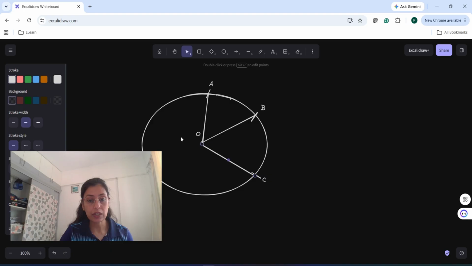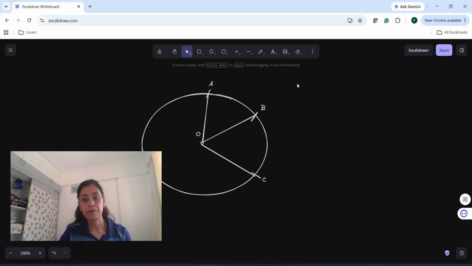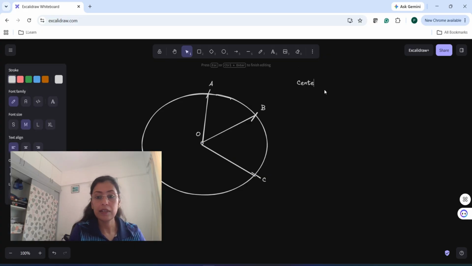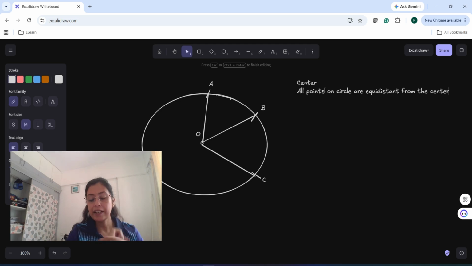The center of the circle is the point from which every point on the circle is at an equal distance. What we learned about the center of the circle is that all points on the circle are equidistant from the center. Cool?